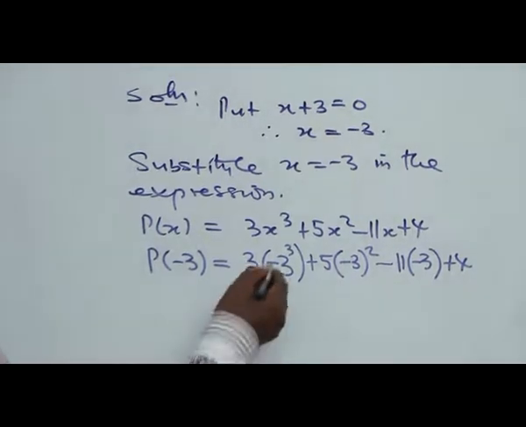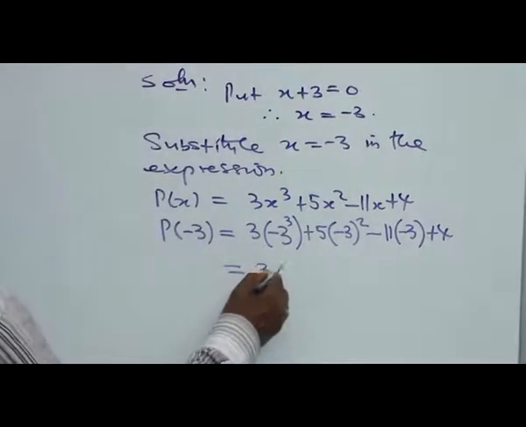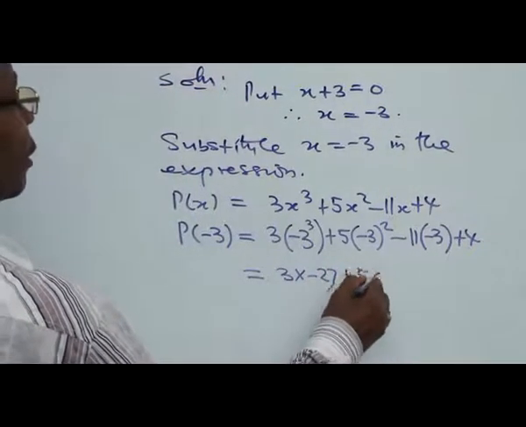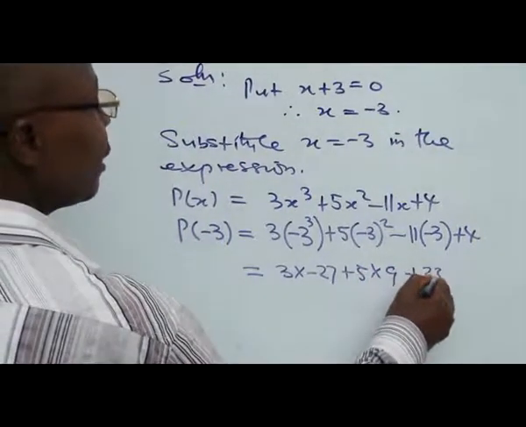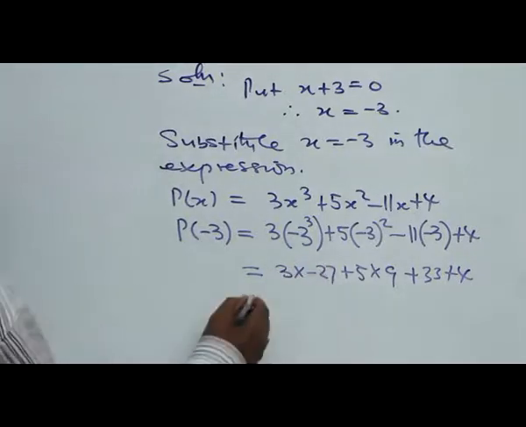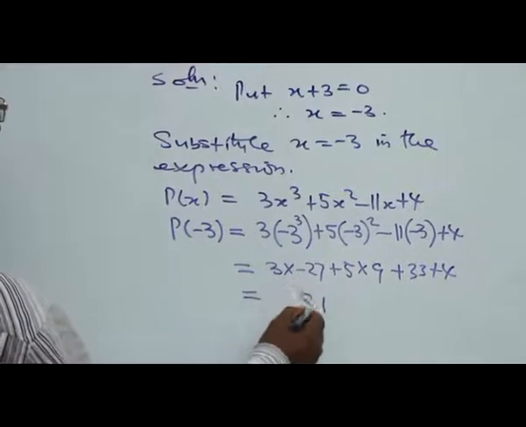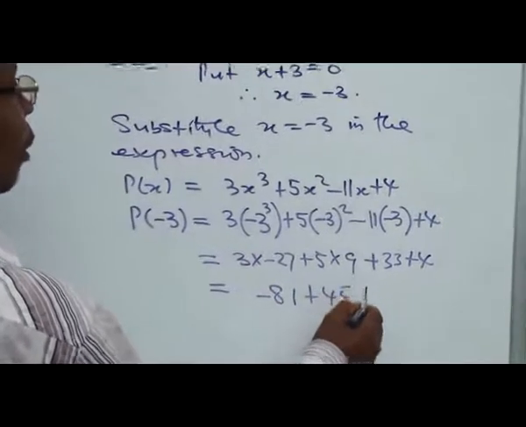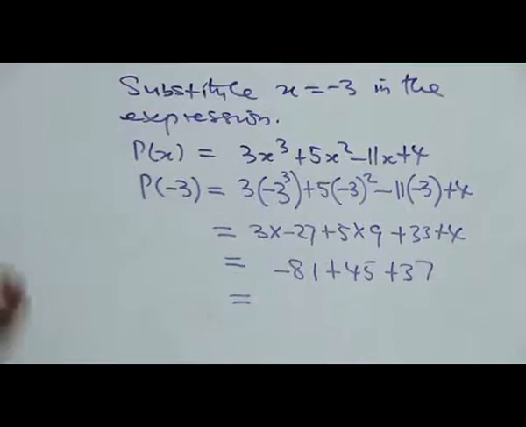We have 3 times minus 27, and then plus 5 times 9, and then plus 33, and plus 4. Simplifying further, we get minus 81, plus 45, plus 33, plus 4.